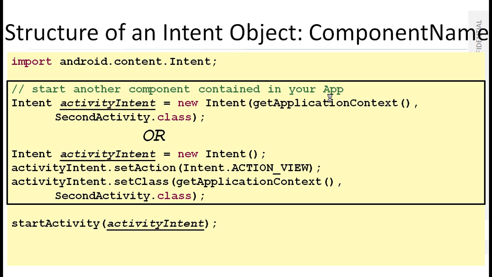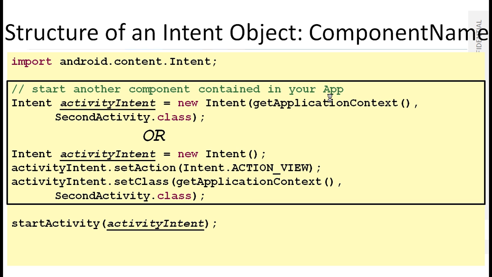The first parameter is the current context of your application. For the second parameter you have specified SecondActivity.class, which means you have specified the class of the component as an activity.